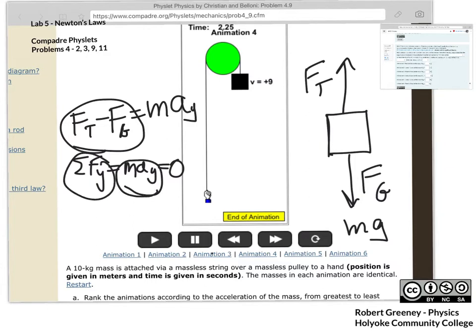And so the Ft, in this case, is going to be m a_y, you got to measure it, plus FG. It's going to be bigger than FG. So if it's accelerating up, it makes sense the tension force has to be bigger than Fg by the amount of the acceleration. So the acceleration should be easy to measure.